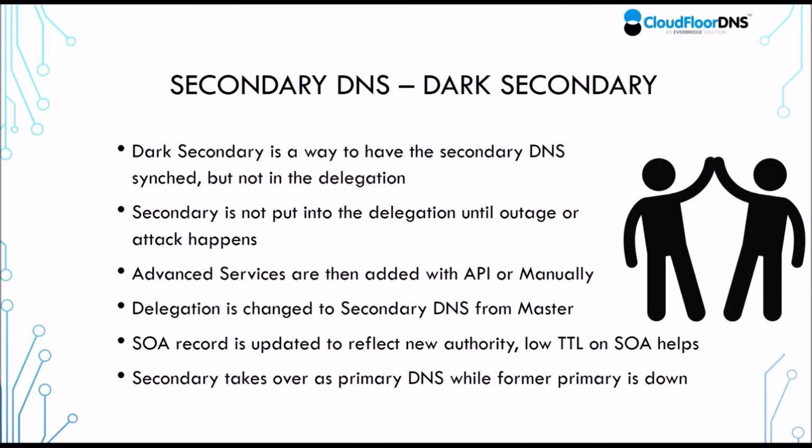That would allow you to take your primary DNS with Dyn and then mirror it over, which only mirrors the core DNS records, then log into Cloudflare and add your advanced records, but it's sitting there. Then you'd only mirror the records as they come across, and as soon as there's an attack, you can basically go up and change the SOA and add us into the delegation, and then we'll start answering when that company has some issues.